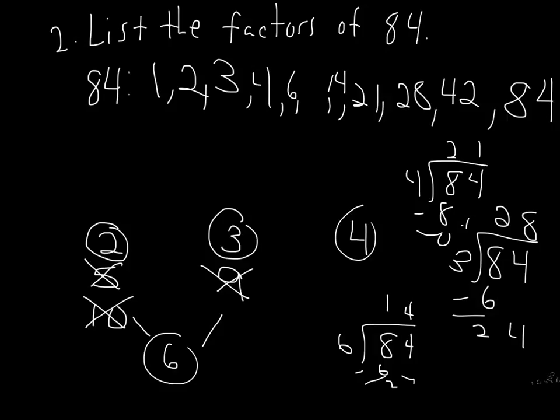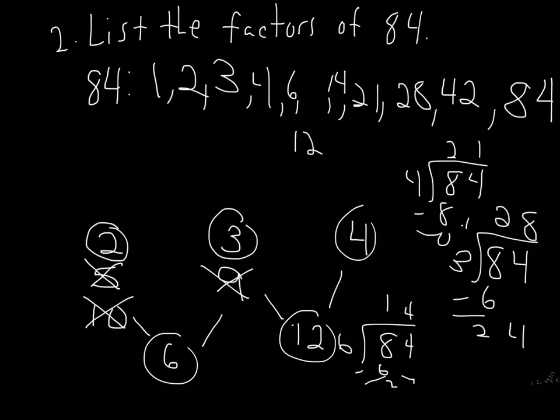Now I also know that if it's divisible by 3 and by 4, it's got to be divisible by 12. So 12 is also going to be a factor. And at this point, I've run out of room. There's so many. I'm going to go ahead and list my 12 down here.